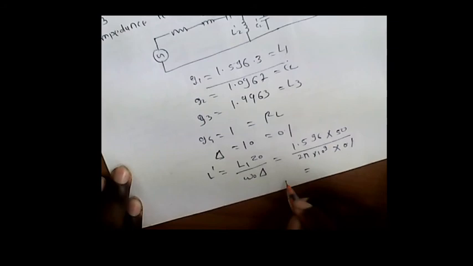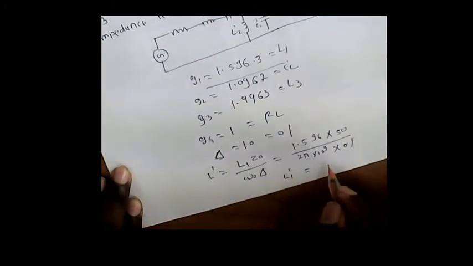After calculation, L1 dash is equal to 127 nanohenry.